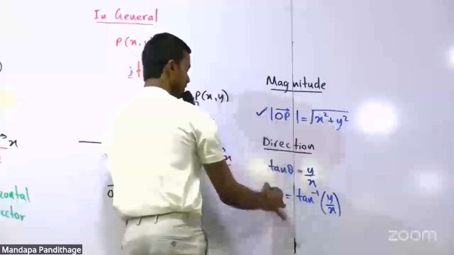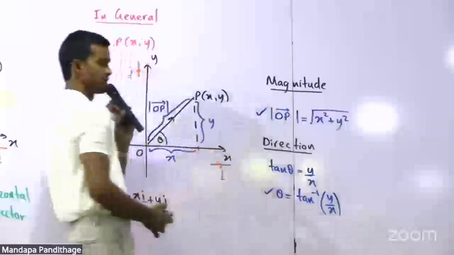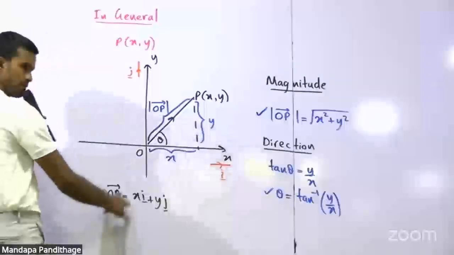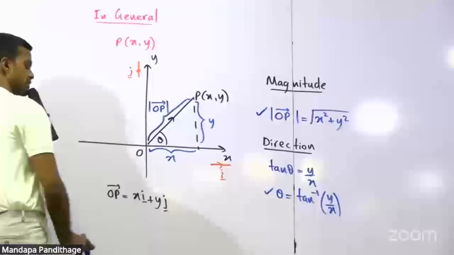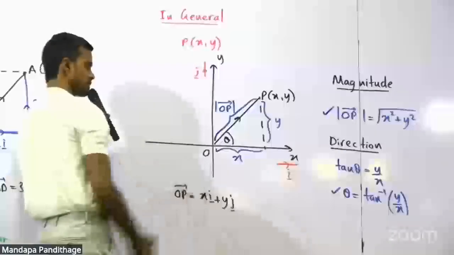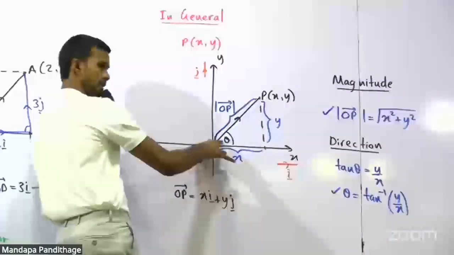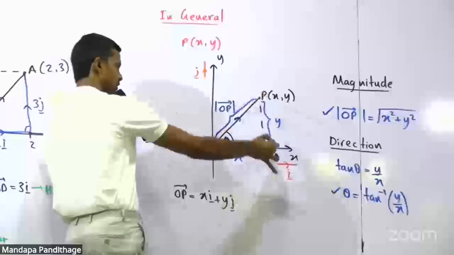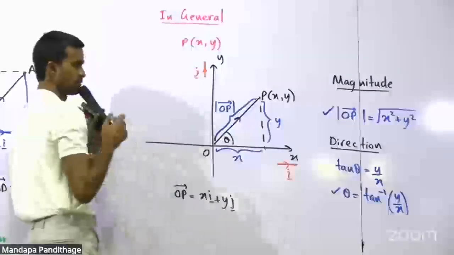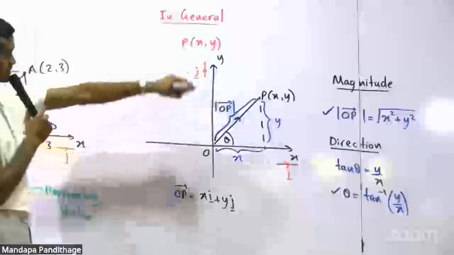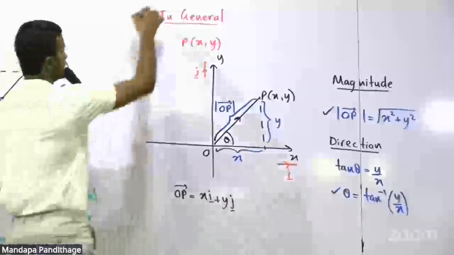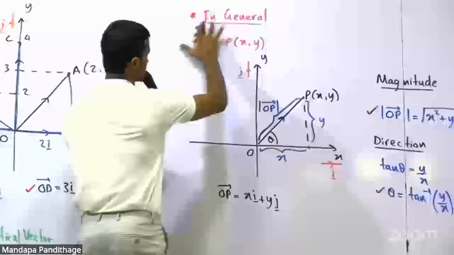When the vector is in terms of I and J, the magnitude is the square root of the coefficient of I squared plus the coefficient of J squared, and the direction is tan inverse of y over x. Then draw this diagram and get the magnitude and the direction.